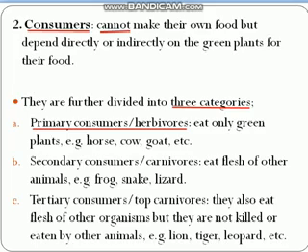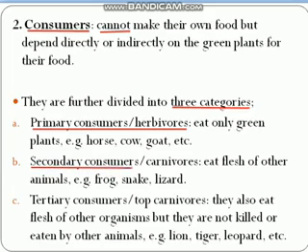It includes animals like horse, cow, goat. So primary consumers are those living organisms which only eat green plants. They cannot make their own food, and they get their food from the green plants by consuming them. Such organisms are also called herbivores.